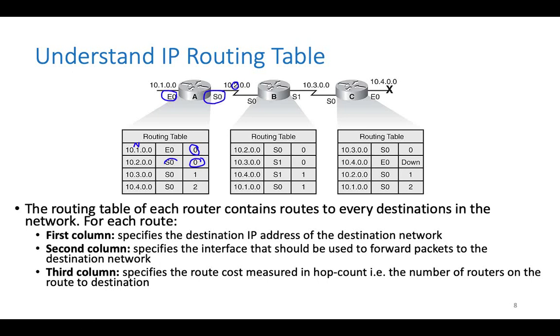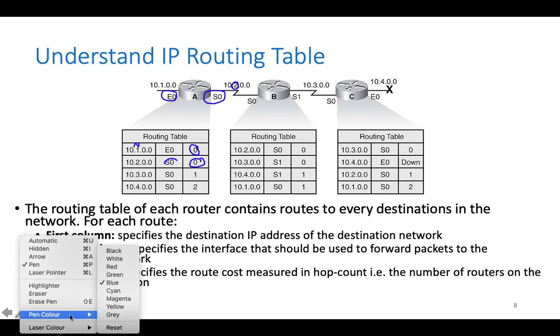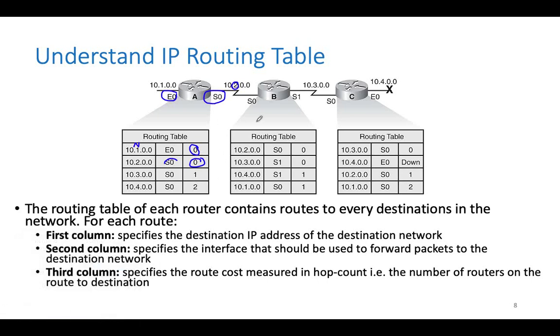Let's move to the other router. So now I'm here inside A. I want to reach 10.3, and I want to send my data to 10.3. Where can I send my data? S0. That's correct, by the way. I have to send my data through that direction, which is this, S0.